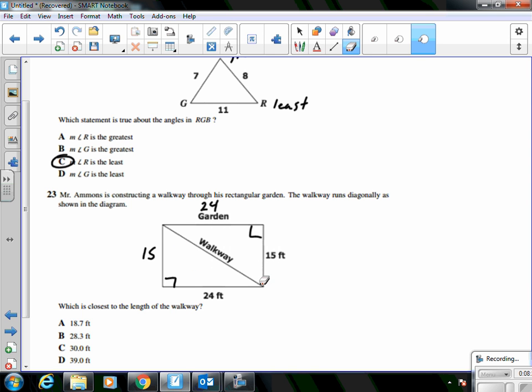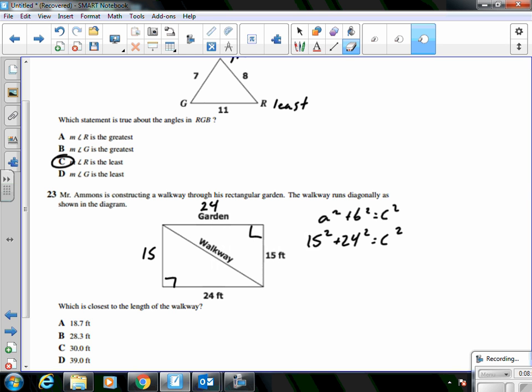And we're trying to find the length of this diagonal, so when we look at one of these triangles, it's a right triangle, and we're trying to find the hypotenuse. So once again, we would use Pythagorean: a squared plus b squared equals c squared. So we got 15 squared plus 24 squared equals c squared.